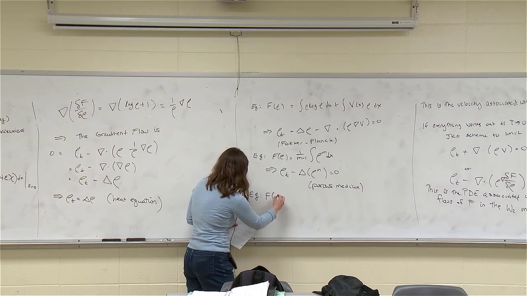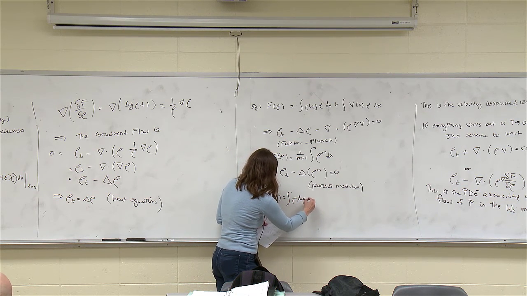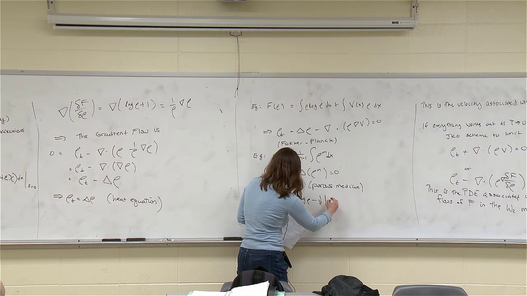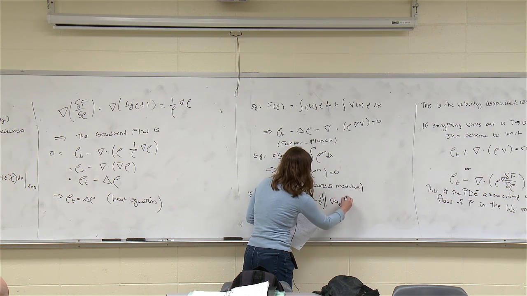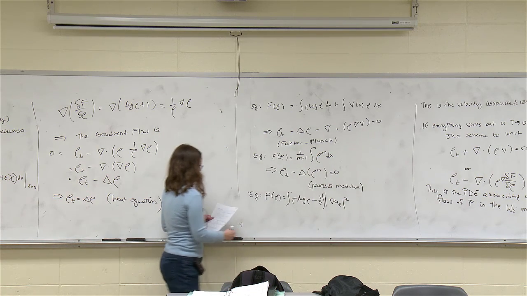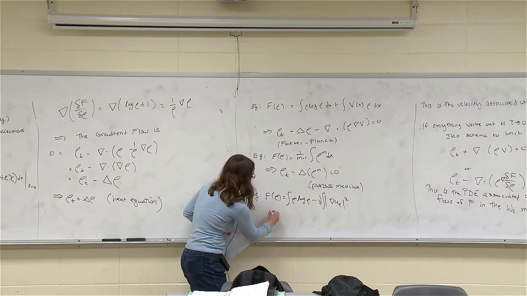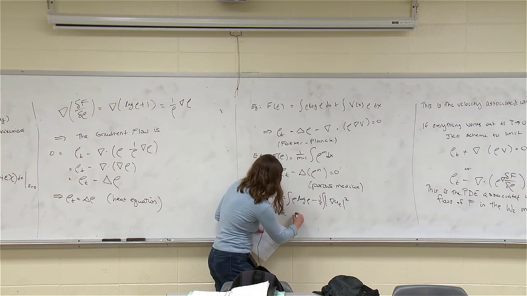You can get some more complicated models. Let's call this grad U of rho, where U of rho is defined to be the solution of a Poisson equation.